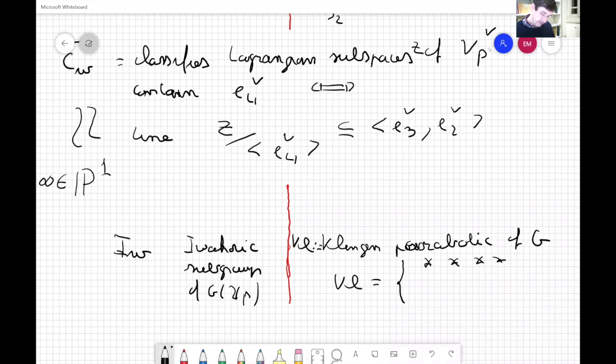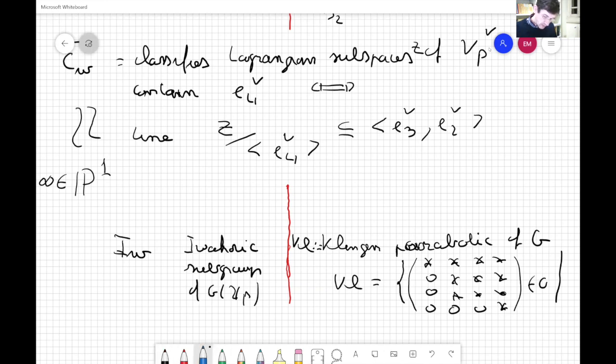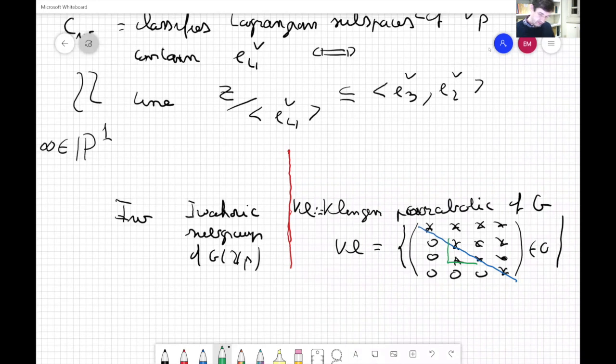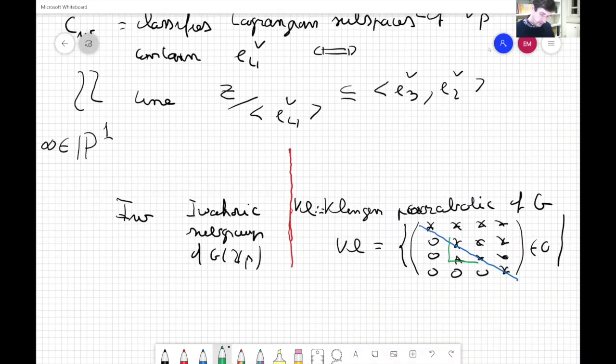So these are matrices of this form in G. So you see here we have the Borel, and we are actually enlarging the Borel by adding something extra, which is actually, if you take this permutation that we considered before, it can be defined using that one actually.